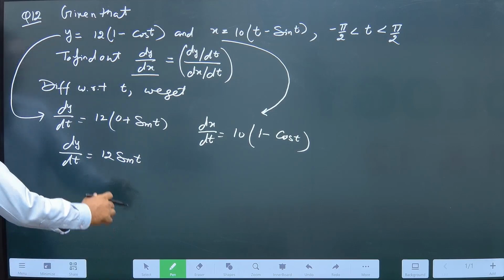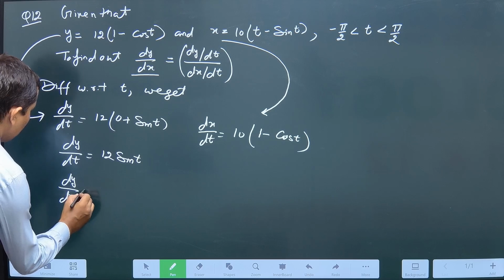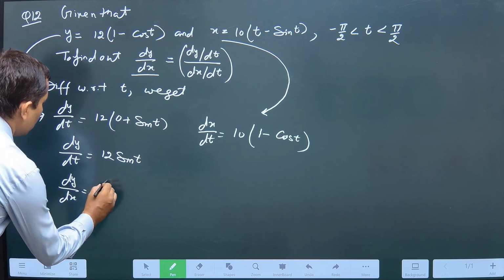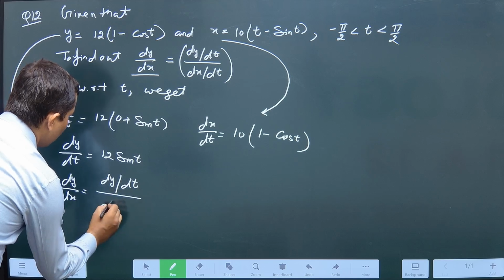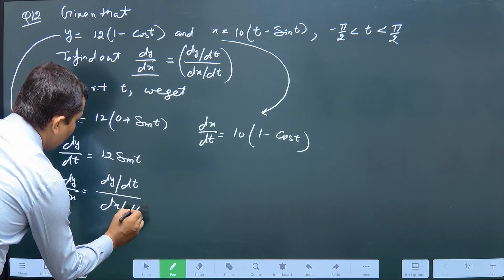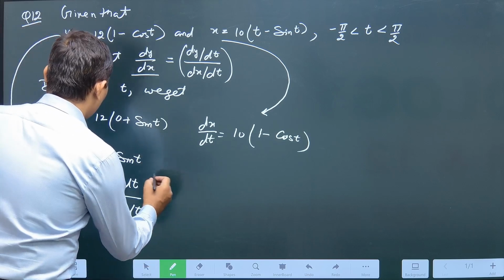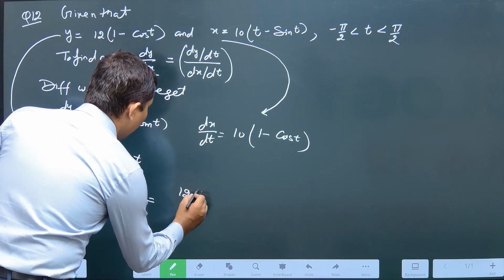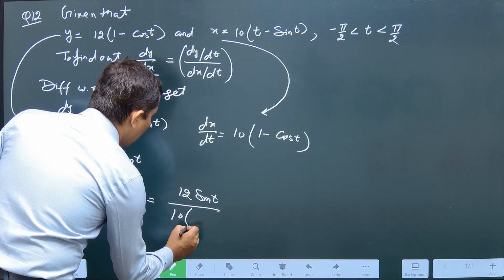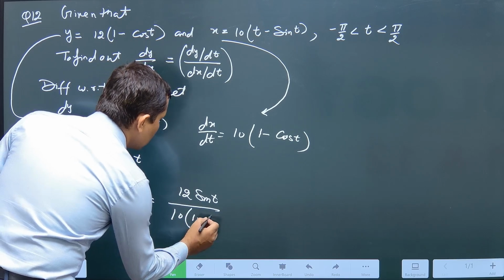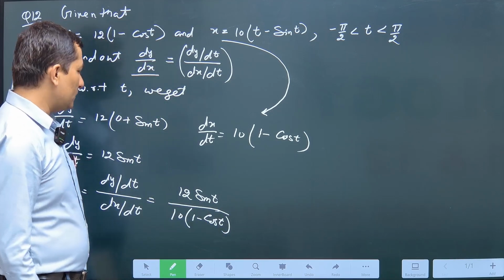So dy upon dx is equal to dy upon dt upon dx upon dt is equal to 12 sin t upon 10 (1 minus cos t). That is your result.